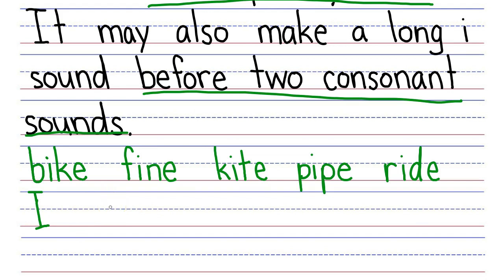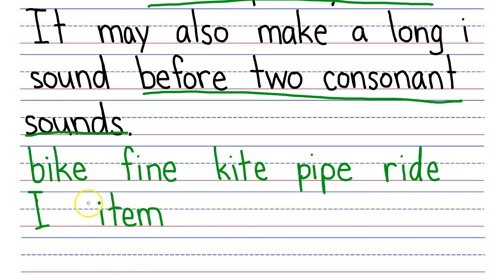Another word where I is in an open syllable is the two-syllable word item. So here we have I in a syllable all on its own, making a long I sound, I, and then T-E-M in a closed syllable where the E makes its short E sound, eh. I, t, e, m.